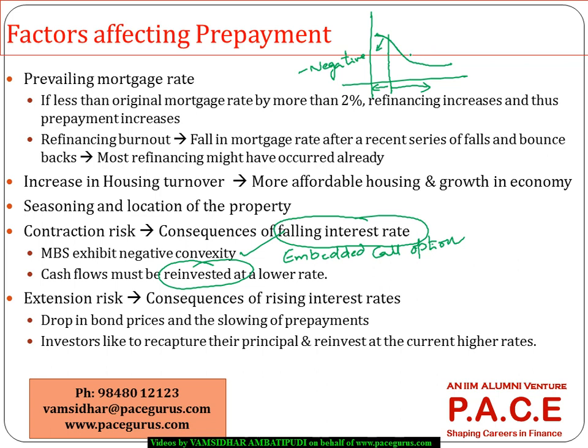So this is one more thing. If the interest rates are falling drastically, one is a reinvestment risk coming into the picture, and the second one is a negative convexity, which is displayed just like in a call option scenario.